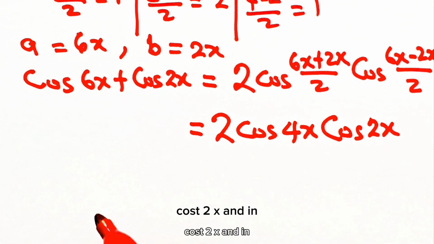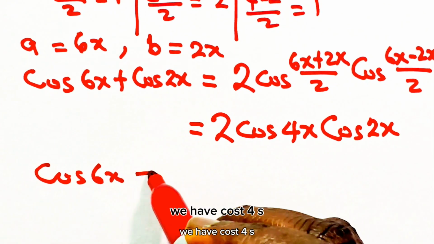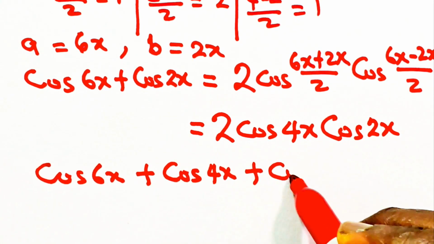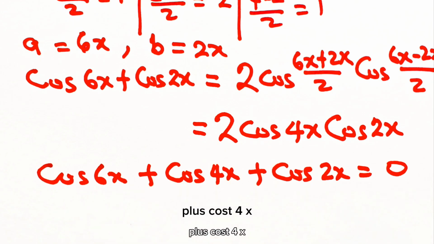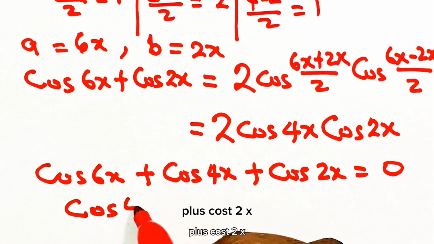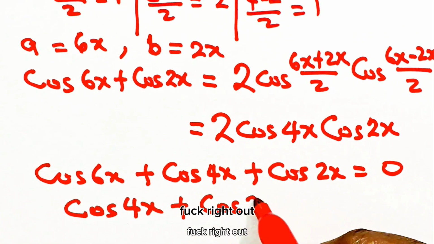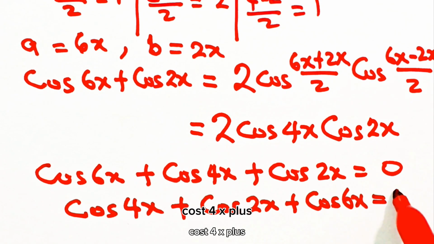That means that the equation cos 6x plus cos 4x plus cos 2x equal to 0 can be factorized. How do we do that? Say cos 4x plus cos 2x plus cos 6x will equal 0.